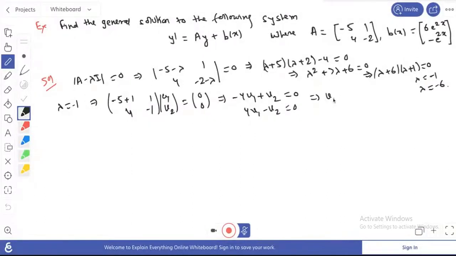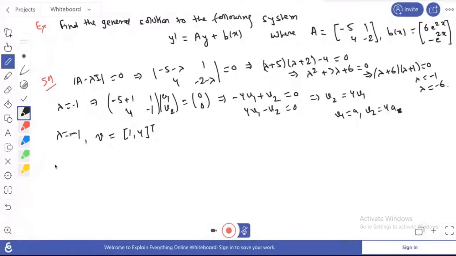So this implies v2 equals 4v1. If v1 is a, then v2 is 4a. So for lambda equals minus 1, our first vector is 1 4 transpose.